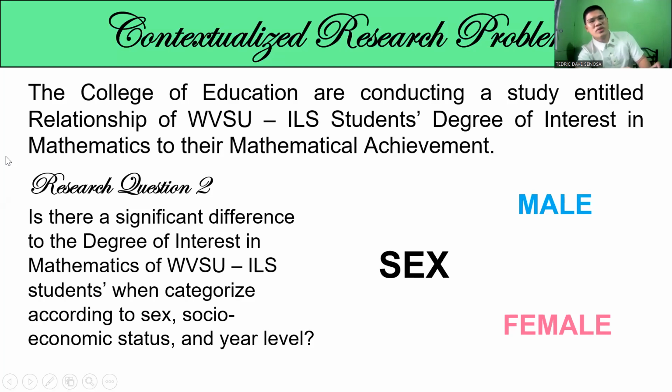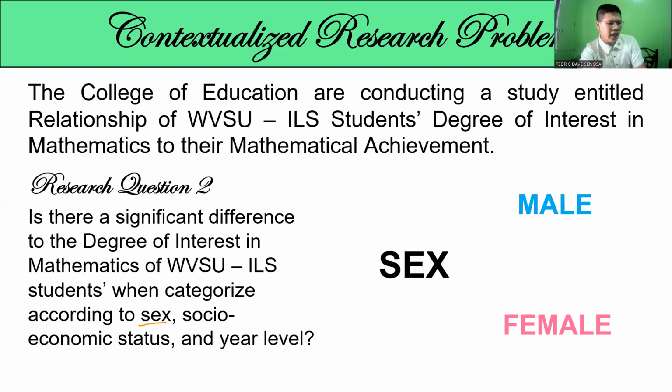The question number 2 states that, is there a significant difference in the degree of interest in mathematics of SU ILS students when categorized according to sex, socioeconomic status, and year level? So now, let's focus first on each variable. Let's start with sex. This is the variable for sex.